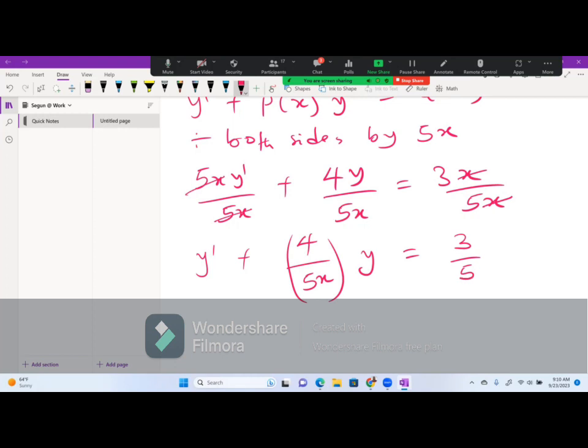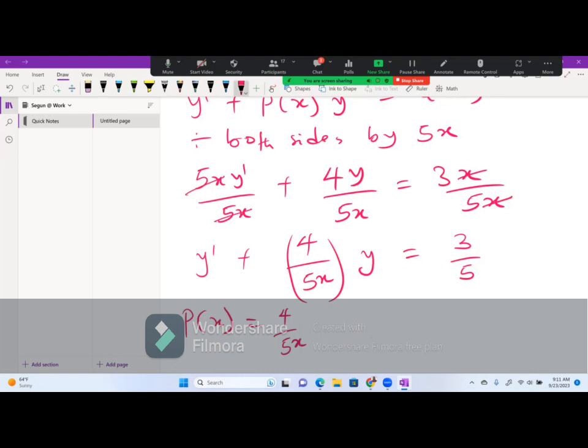Now, we can boldly see that our p of x is equal to 4 over 5x. I did not bring the x up because I know it's division. Don't make that mistake. It's not the same thing as 4 over 5 times x. No, it is not. Please take note of that.